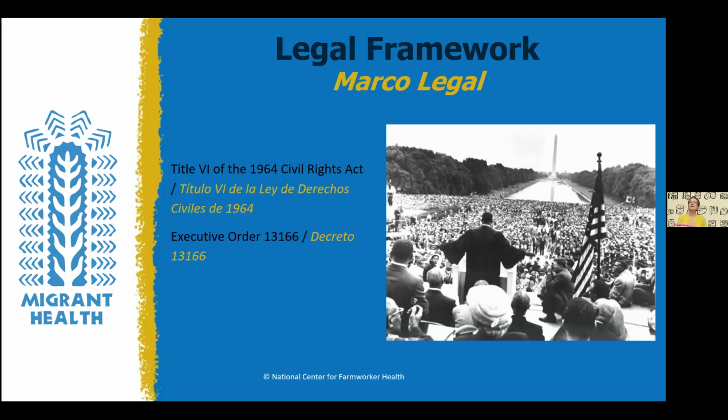That goes back to Title VI of the 1964 Civil Rights Act, which was a result of the movement led by Dr. Martin Luther King Jr. and others. It guarantees non-discrimination on the part of federal programs on the basis of race, but it also includes nationality as another way that people are prohibited from being discriminated against. And that's been interpreted by the courts to mean language.